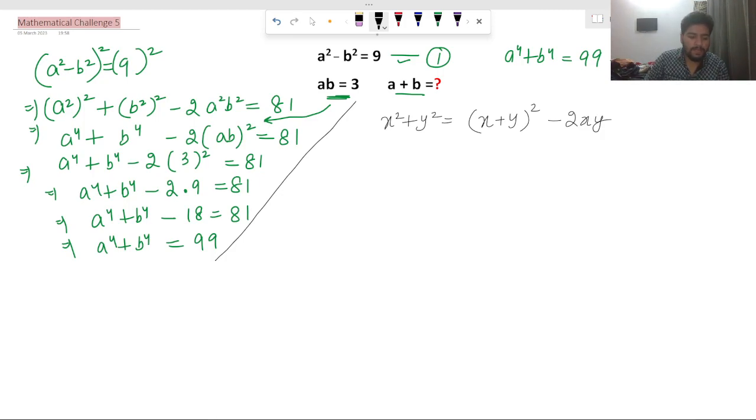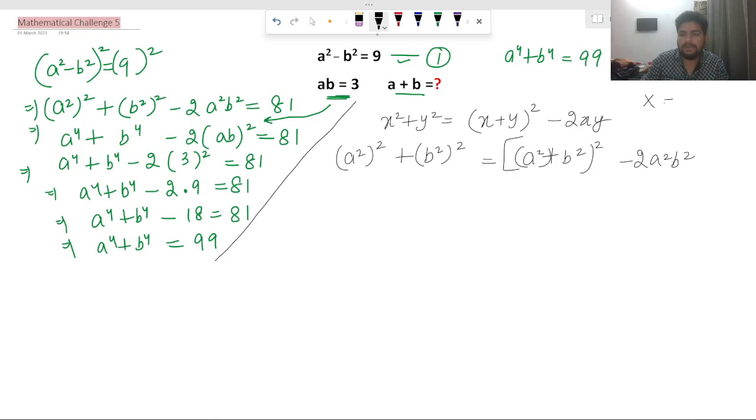Similarly, a square squared plus b square squared can be written as a square plus b square, whole squared, minus twice of a square b square. What I did was consider x as a square and y as b square.